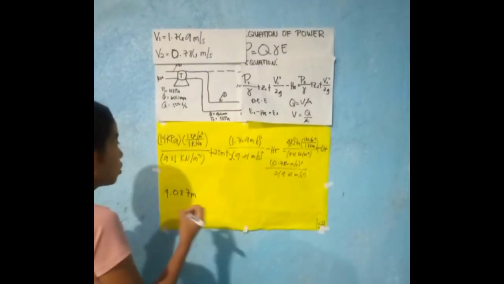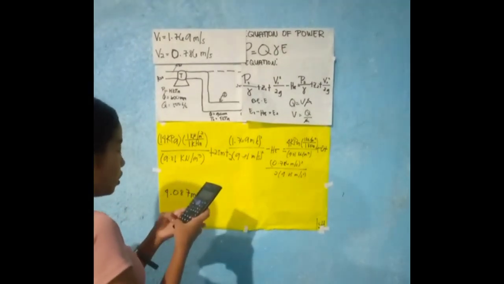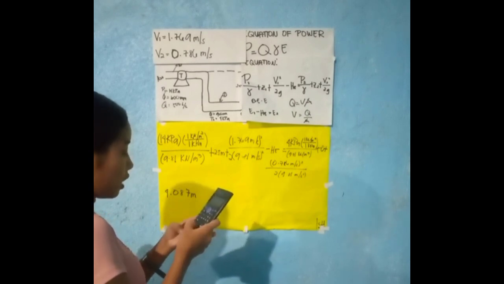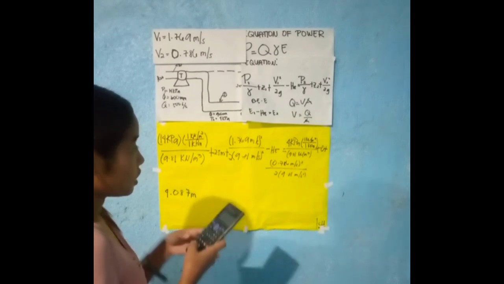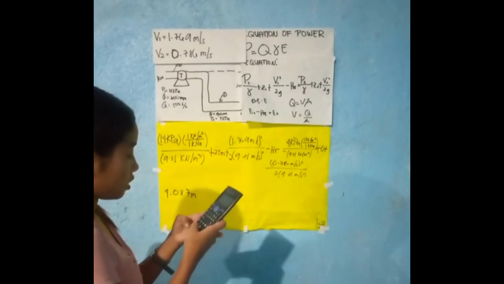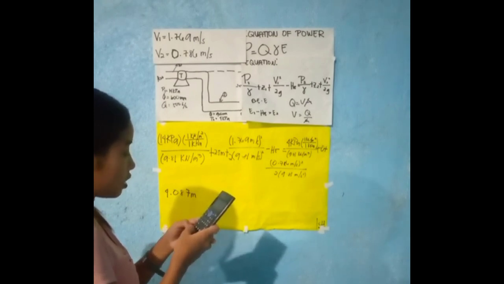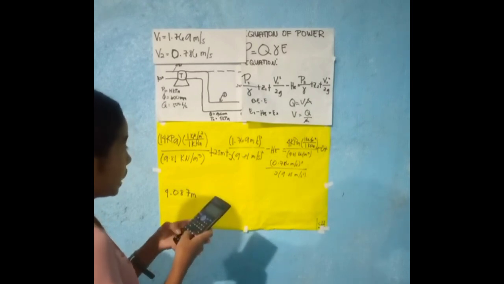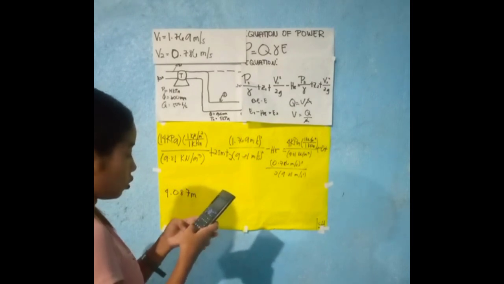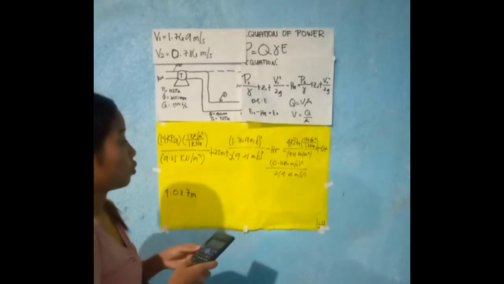So we are going to solve that now. 4 kilopascal divided by 9.81 plus 0 plus 0.786 squared divided by 2 times 9.81 is 0.4392.